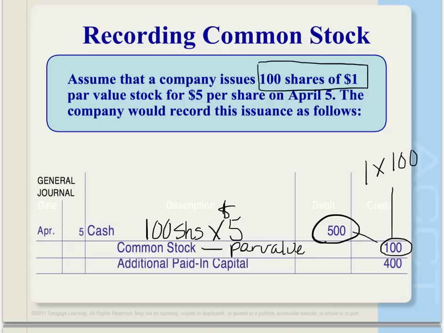And the difference between the $500 and the $100 goes into a category that we call additional paid-in capital. So the only amount that can go in common stock on our balance sheet is the par value. Anything above par value goes into additional paid-in capital for our journal entry. Since both common stock and additional paid-in capital are equity accounts, this entry increases the company's assets and equity.